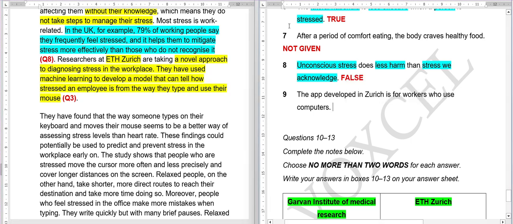Drum roll please. Let me write the answer here. True. So the keywords were workers who use computer. Here it is written about ETH Zurich, where they use machine learning to develop a model. So basically machine learning is a sort of app, from the way they type and use their mouse.